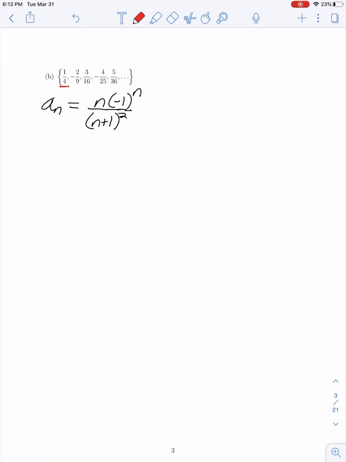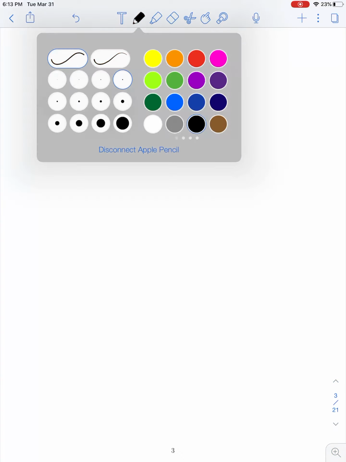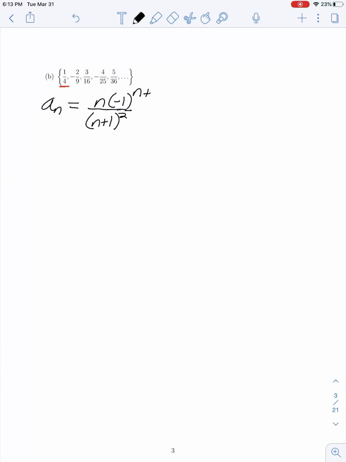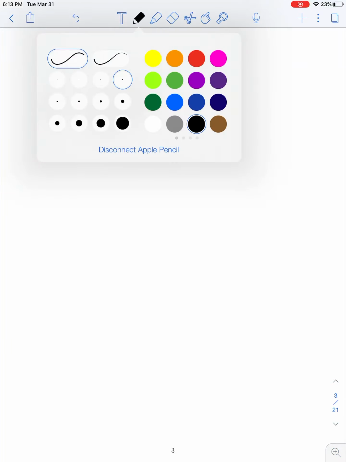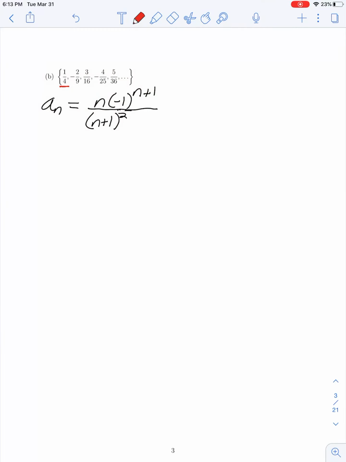And in this example, I know that when n is equal to 1, when I'm looking at this first term, I want to have a positive number. So in this example, I'm going to take -1 to the n plus 1 power.